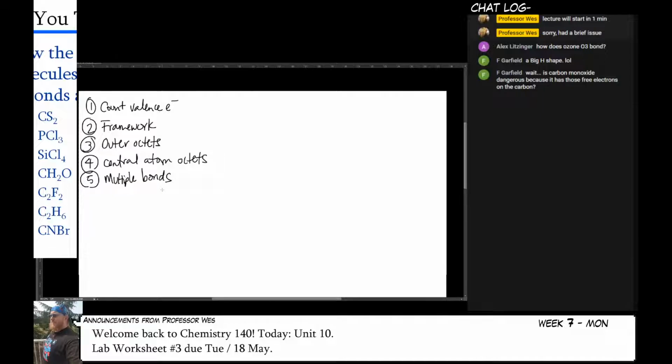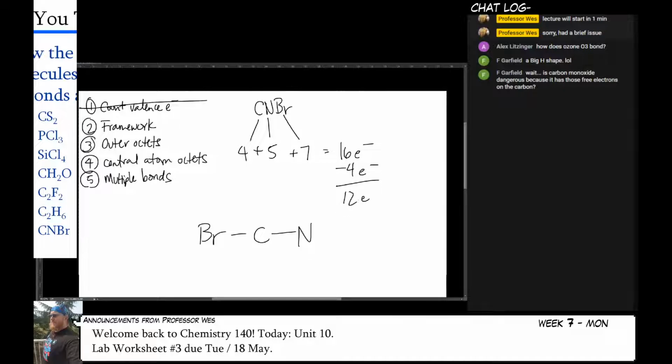All right, last one. We got CNBr. That's what we get to work with. And I'm going to treat it the same way. C, and then the other ones are going to go around it. So that was 4. Let's do outer octets.